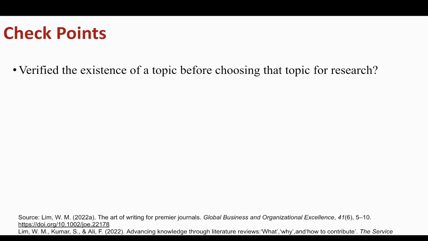We are going to cover in the upcoming series as well how we can verify the existing work. But a few ways are: we can check Google Scholar, typing in the keywords related to our research, and check whether that topic has been previously researched or not. We can also do it via many AI tools nowadays.